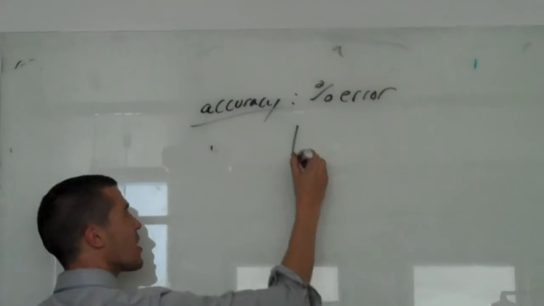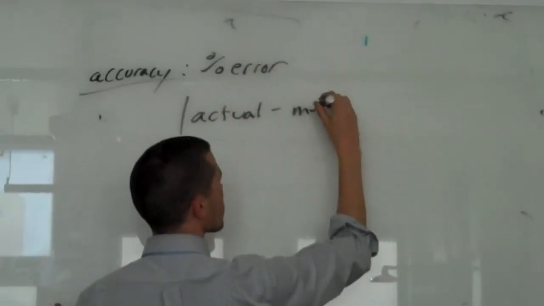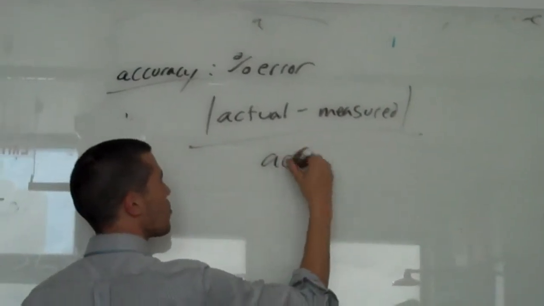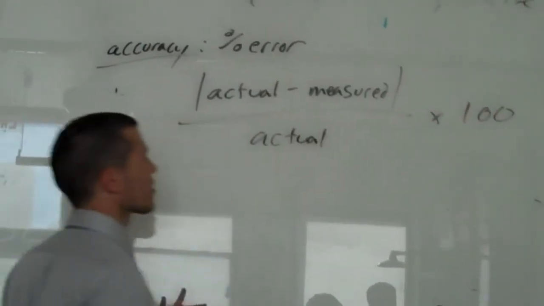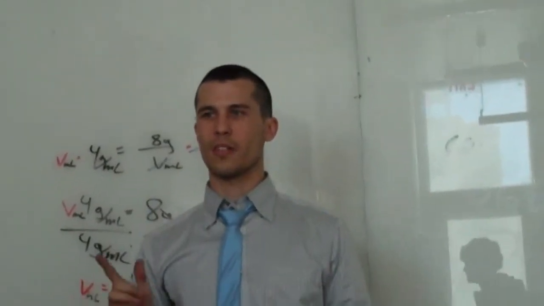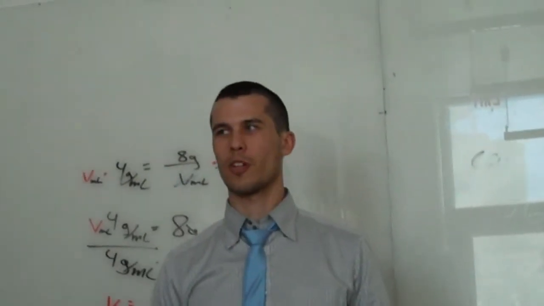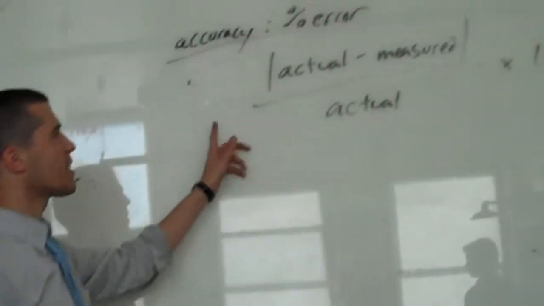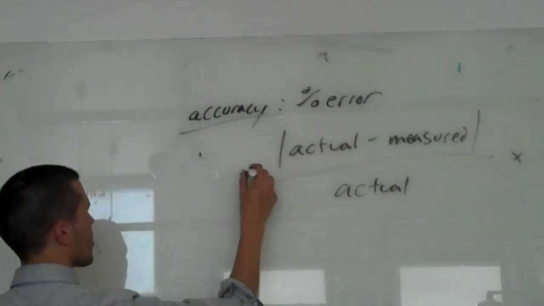Percent error is the actual value minus the measured, all over the actual, times 100. And yes, that's the absolute value. That is percent error.